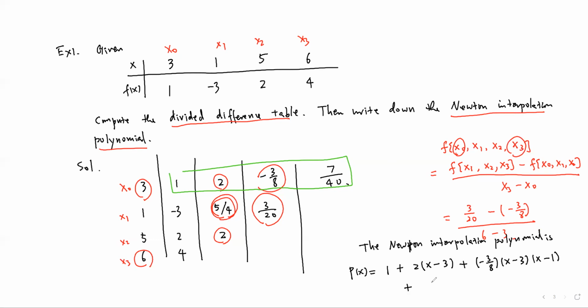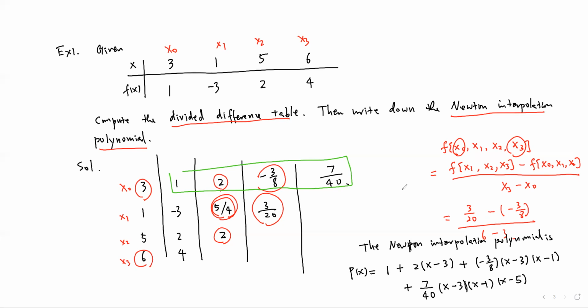And then plus the fourth coefficient. The degree of the polynomial is 3. 7 over 40 times (x minus 3), (x minus 1), minus 5. Okay. So this is the polynomial that interpolates this given table.